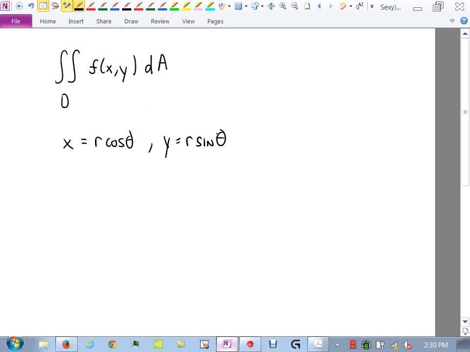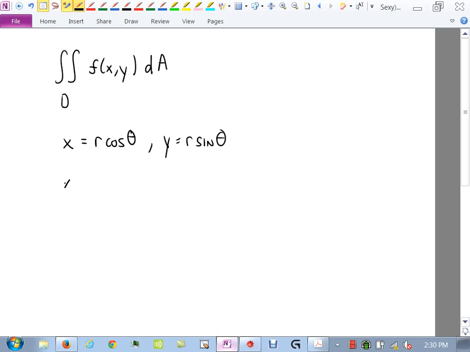Do you want to stick with r and theta, or switch to u and v so it matches the formula? I don't care. R theta? Good. We'll go with r theta because I wanted to make sure you can do more than just follow the formula, that you know where the pieces of the formula come from.